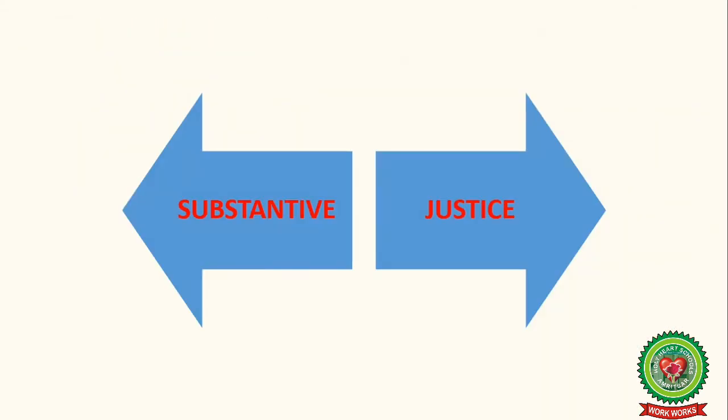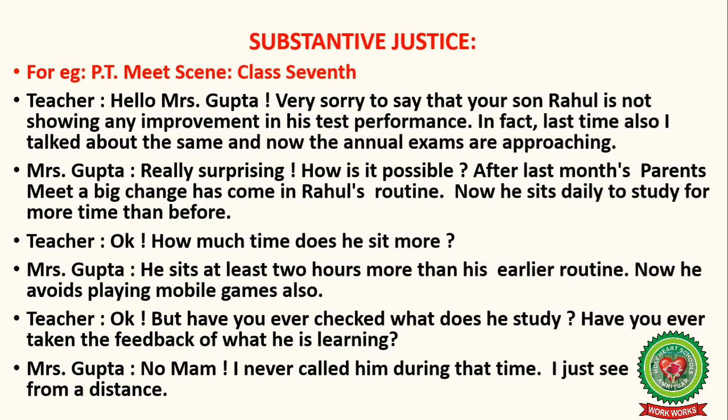Now, the next is substantive justice, which is related with the contents. Now, the example is of a parents-teachers meeting of class 7. The teacher is talking to Mrs. Gupta and she says, "Hello Mrs. Gupta, very sorry to say that your son Rahul is not showing any improvement in his test performance.